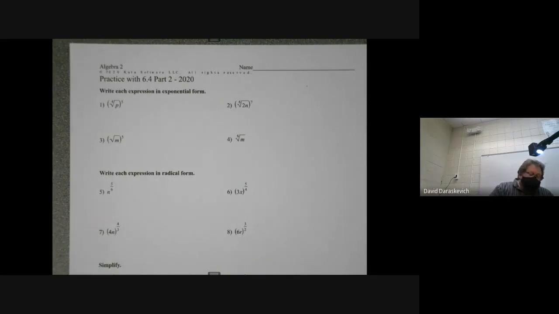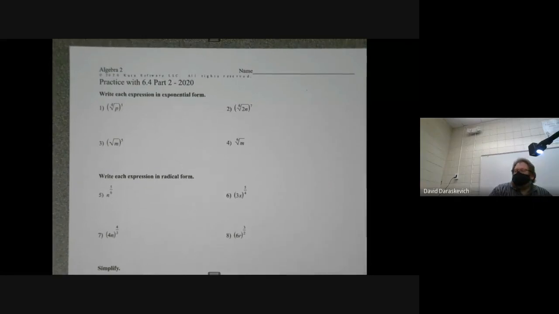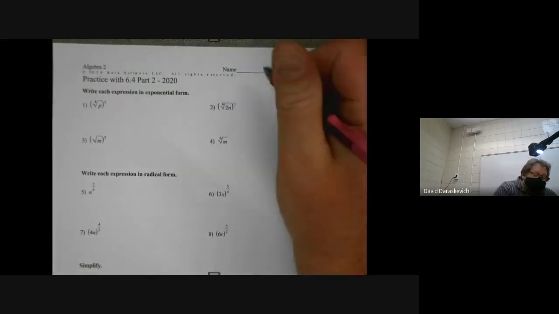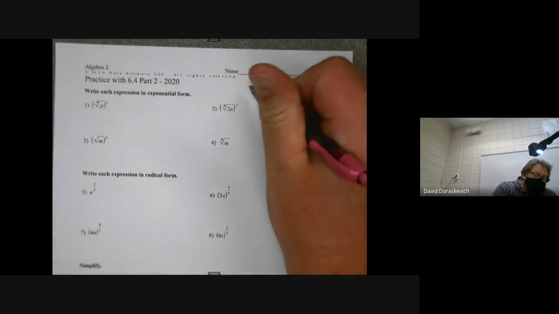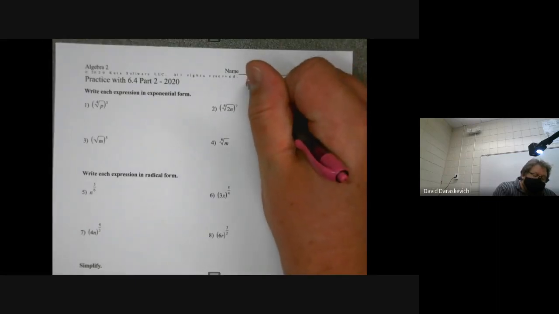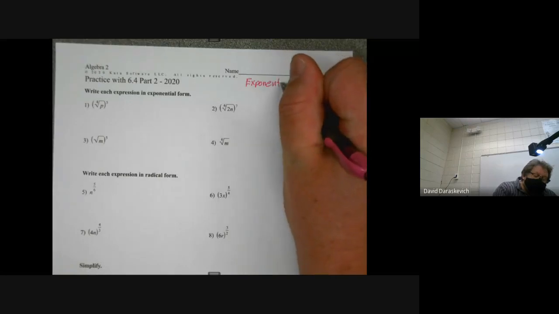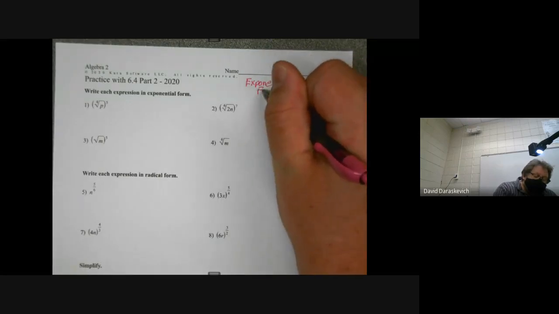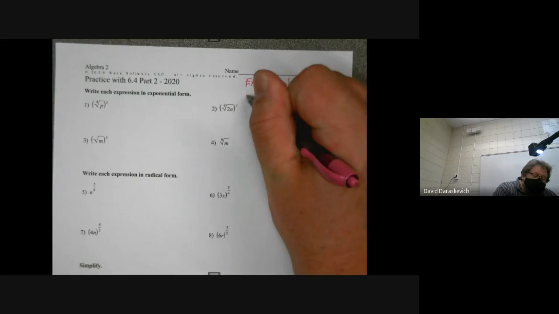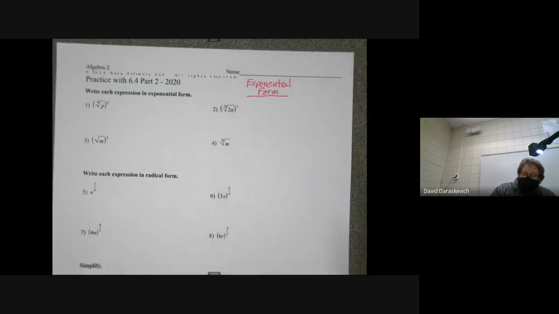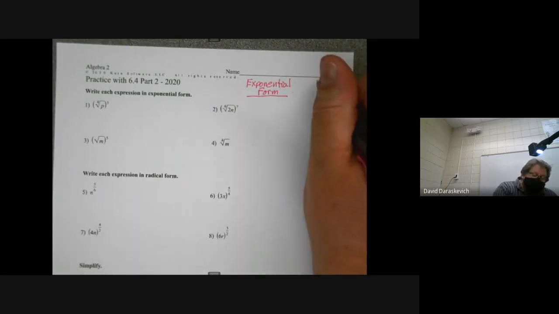Okay, so let's see, we have two forms, right? We have exponential form, and then we have radical form.